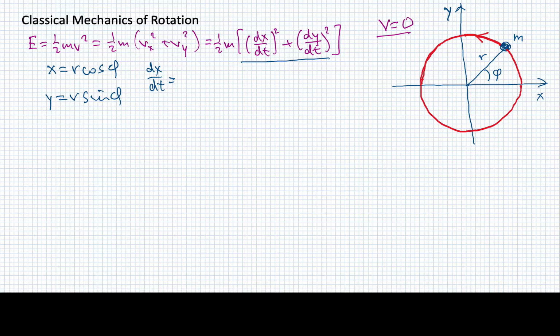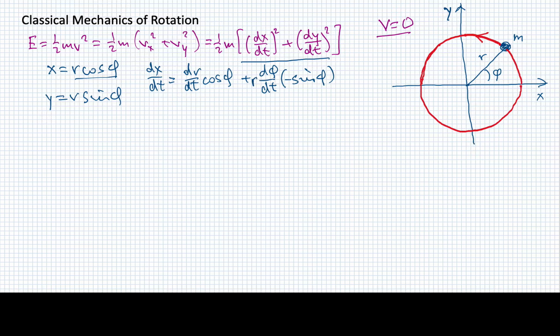So, for example, I might write dx/dt as dr/dt times cosine of phi. In other words, I'm just taking the time derivative of this, plus d phi/dt, and actually it's times minus sine of phi here, which would be the derivative of cosine of phi.